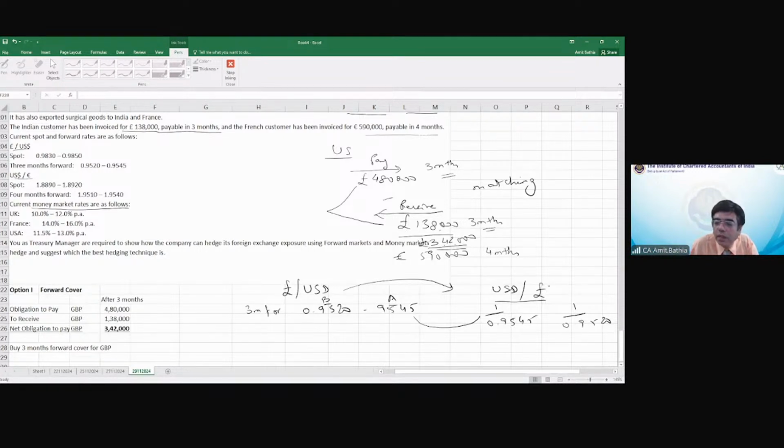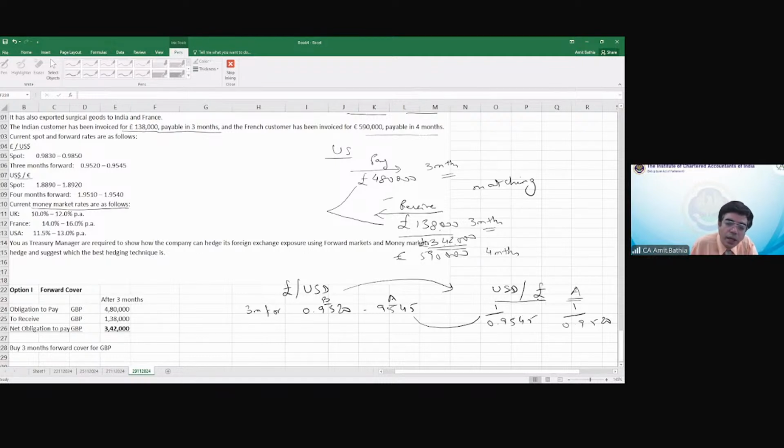Now this is base currency pound, right? So this is the price of pound. I want to buy pound. So I will have to buy pound at what rate? At ask, 0.9526. So this is my rate, and I want to convert pound into USD. So should I multiply or divide? Up the ladder, multiply. Down the ladder, divide.